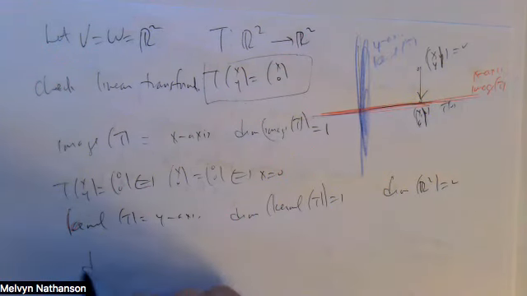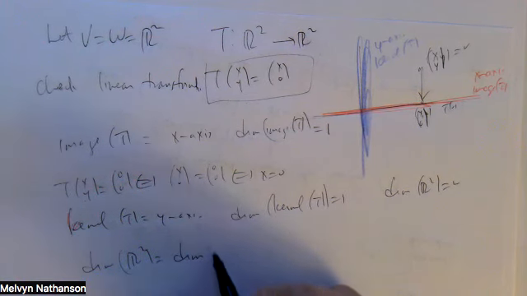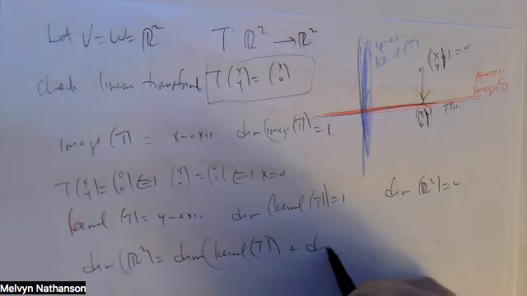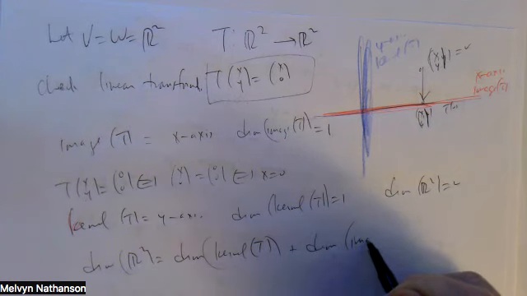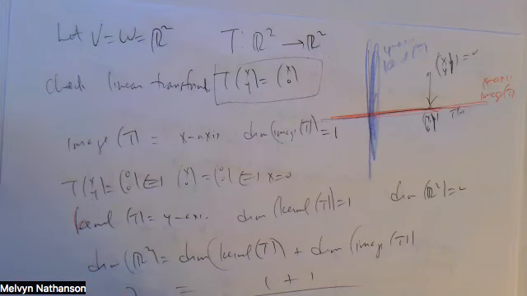So the dimension of R2 is the dimension of the kernel of T plus the dimension of the image of T. That is, 2 equals 1 plus 1. So 1 plus 1 equals 2 is a nice result in linear algebra.